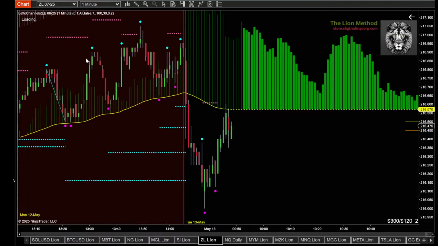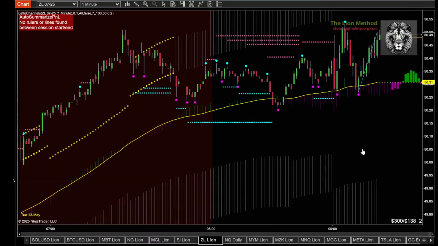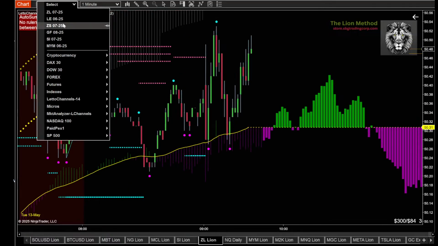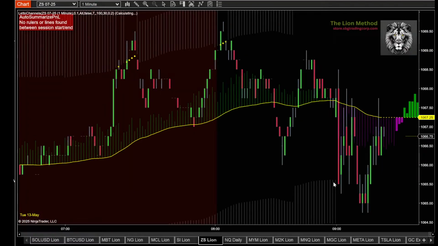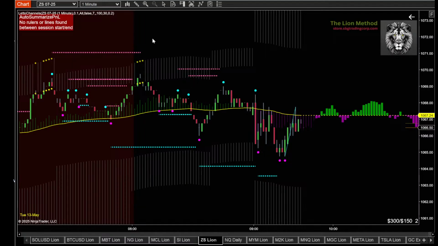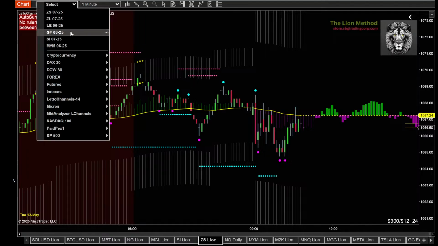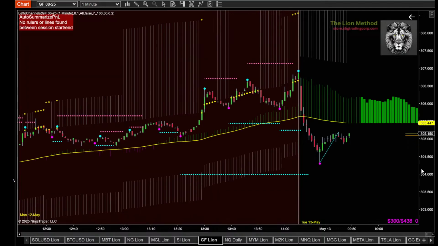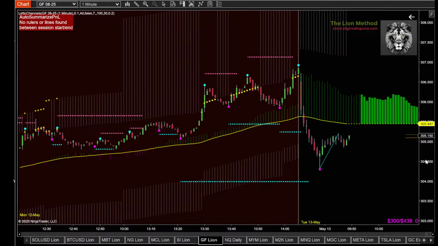See what the other ags have got going on. This is the soybean oil. Let's look at soybeans directly. Well, that's interesting.